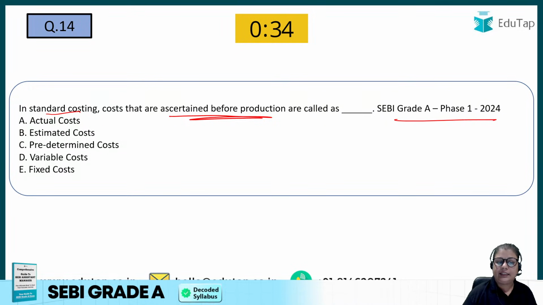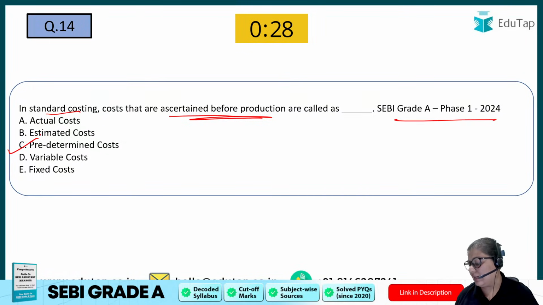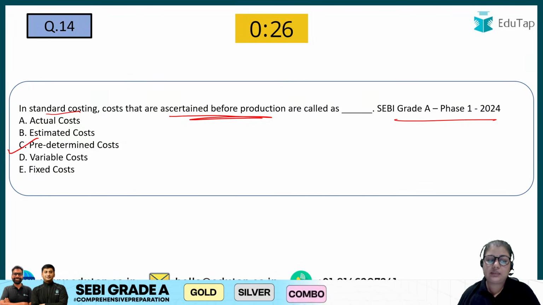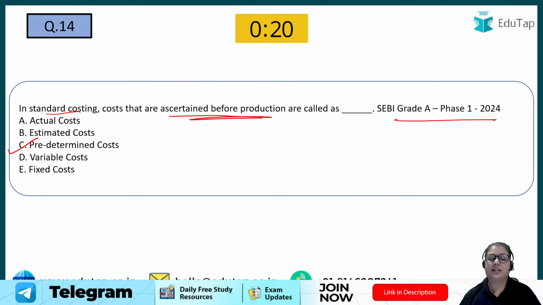No, we don't know that yet. Estimated cost, no. It is predetermined cost, because this sets a benchmark. So the answer is option C, predetermined cost. Such an easy question.